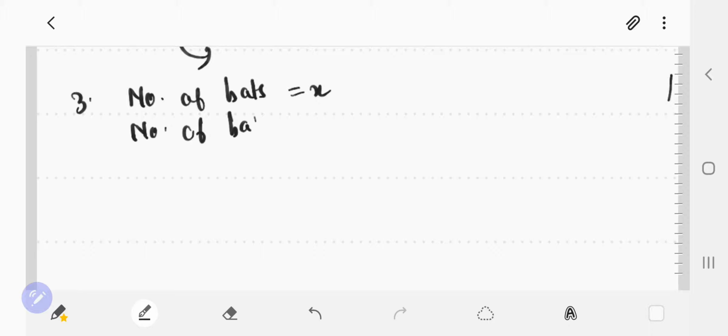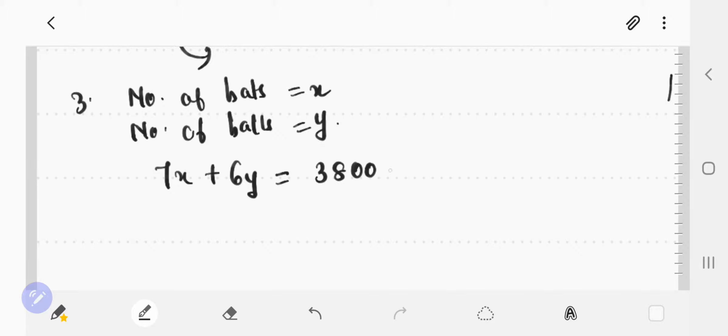It says, the coach of a cricket team buys 7 bats and 6 balls. So we do not know the number of bats. So we will write number of bats is equal to x and number of balls is equal to y. If he buys 7 bats, so 7x, and 6 balls, so 6y, and the total he has to pay is 3,800.